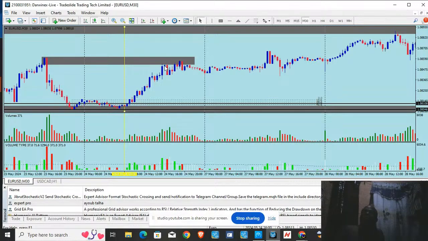So 5 winnings will give us 40 times 5, which is 200. So if we trade 5 losses and 5 winnings, then 200 minus 50, assuming we make it 50-50, will give us 150 pips net profit.